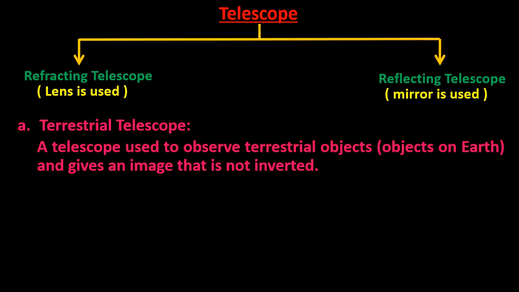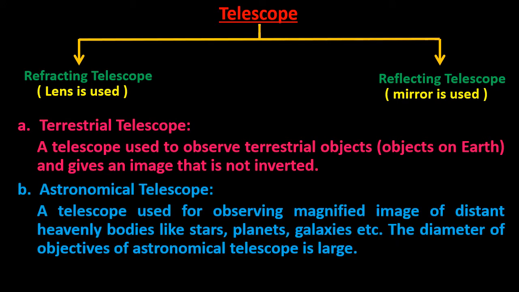A terrestrial telescope is a telescope which is used to observe terrestrial objects and gives an image that is not inverted. So this terrestrial telescope is used to view an object which is within the earth, and it gives the final image that is not inverted.